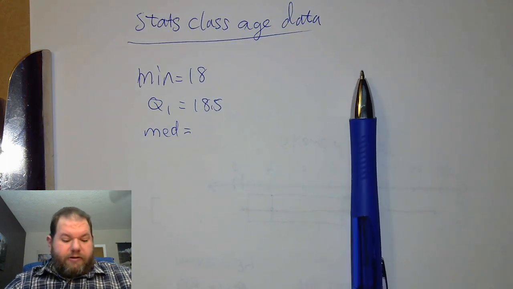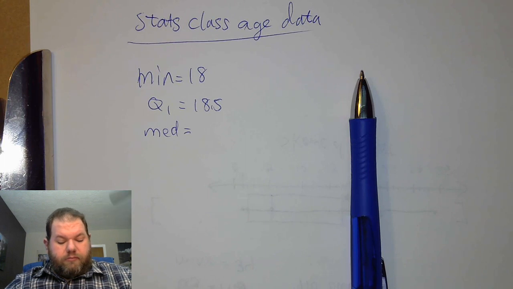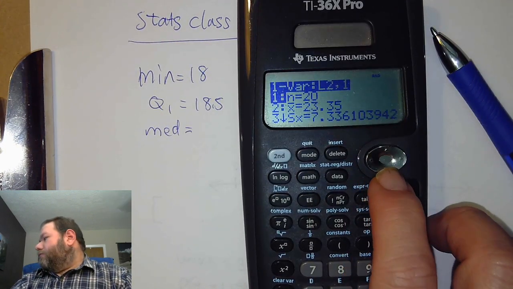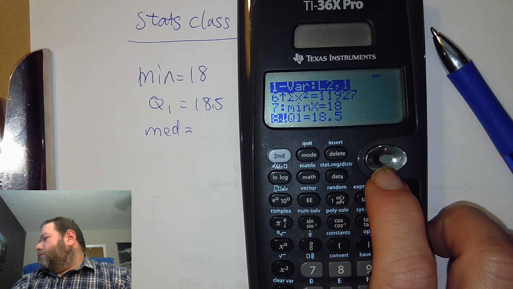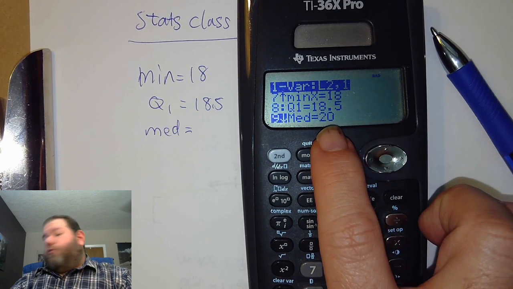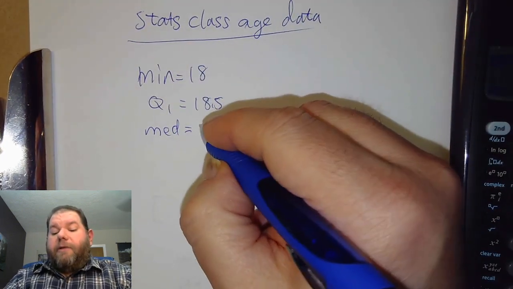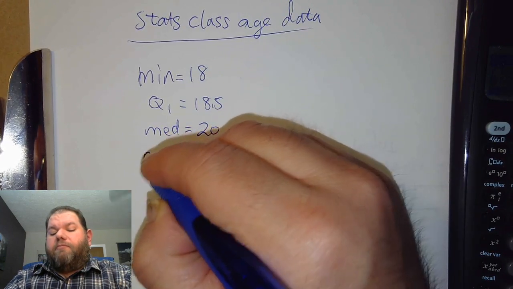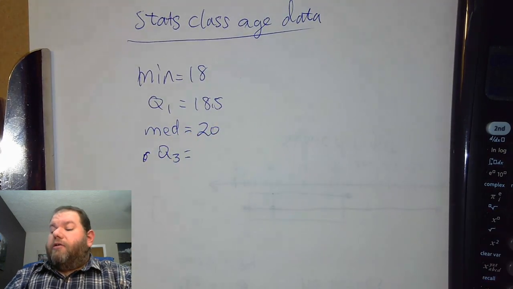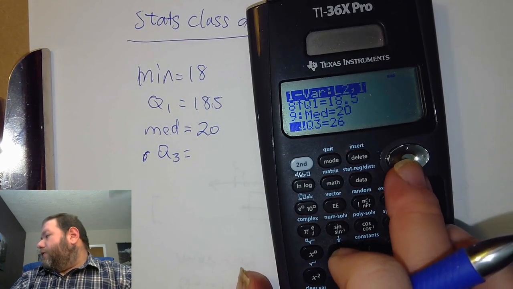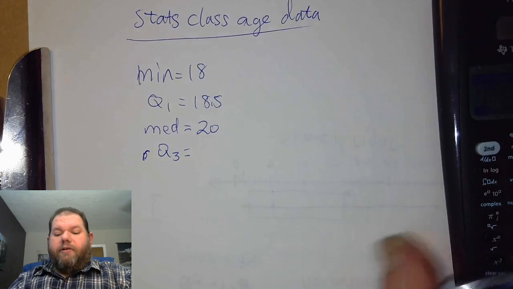Sorry. Going back to the calculator. Median is 20. That's where we would find it, from the calculator, rather than doing it by hand. Q3, 26, and then the maximum 45.